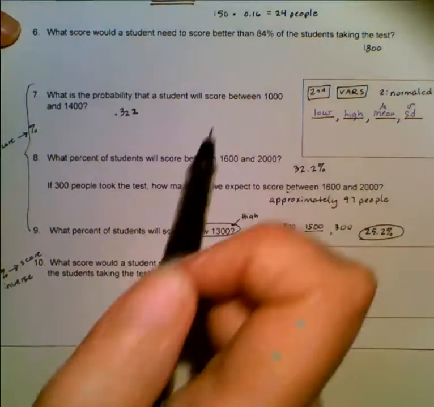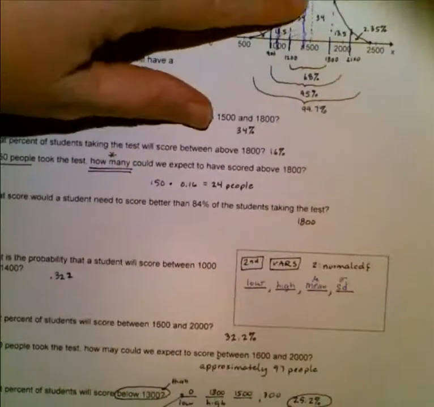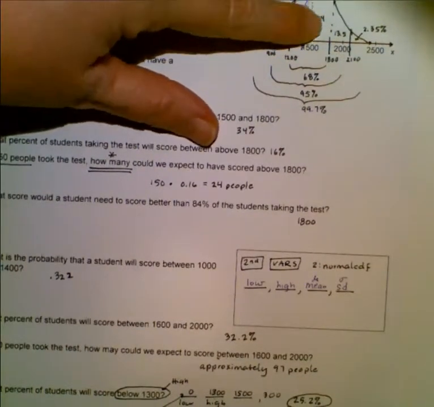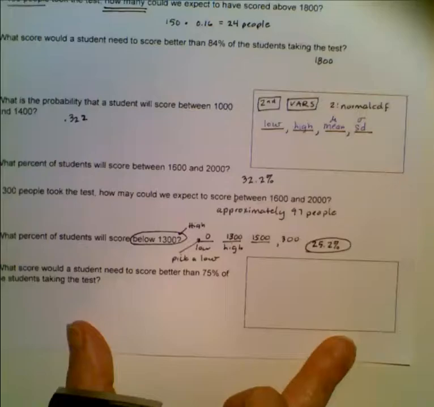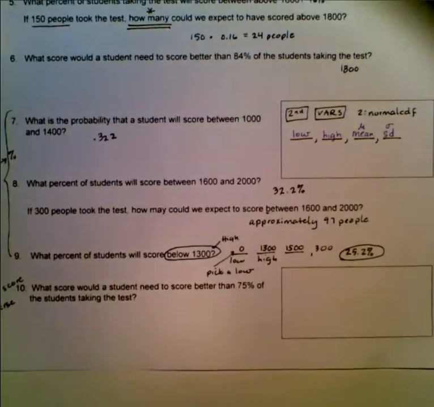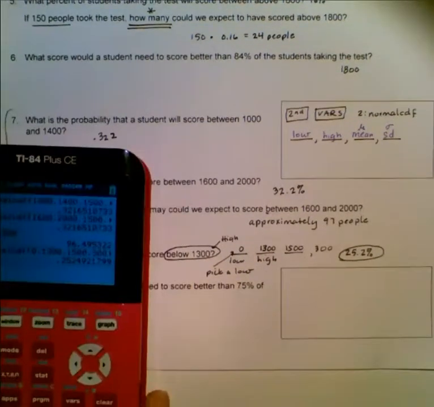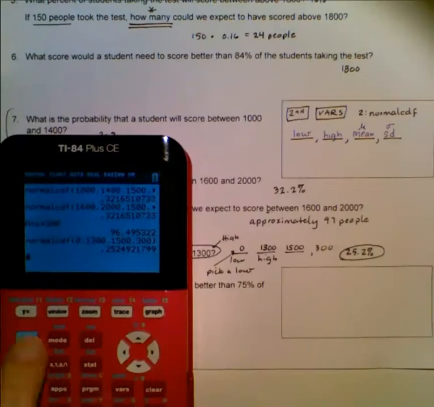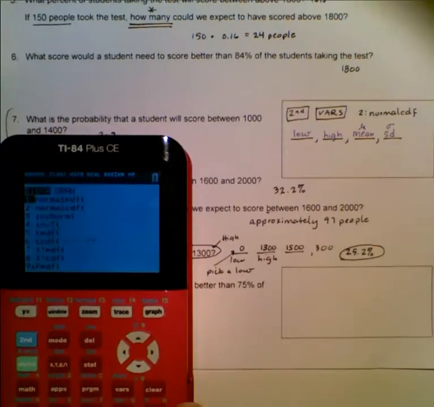Again, 75 is not nicely on anything up here. This is 50% and that's 84%. It's hard to tell where 75 is. So again, we're going to use the calculator. We're going to go back to that same spot. We're going to do second, vars, and what you should notice is number 3 here says inverse normal. So what that does is it takes your percent and tells you what the score would be.